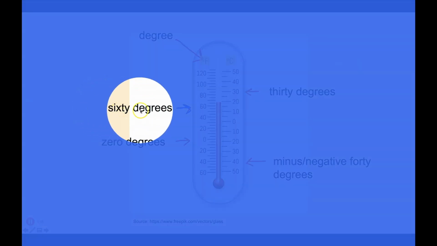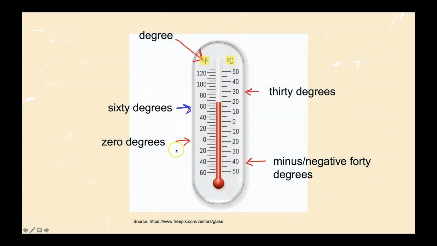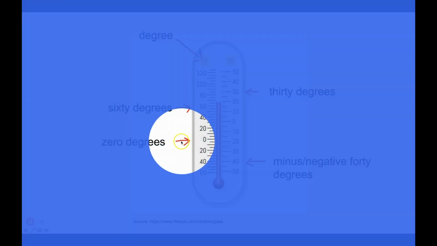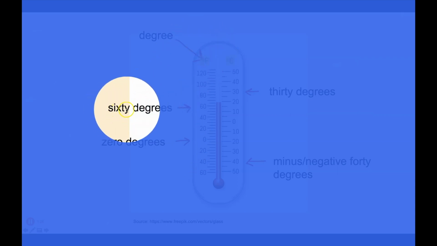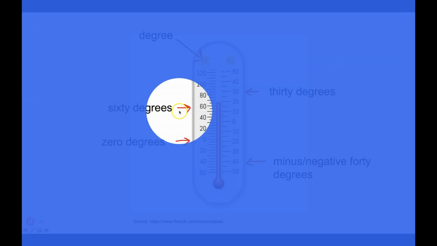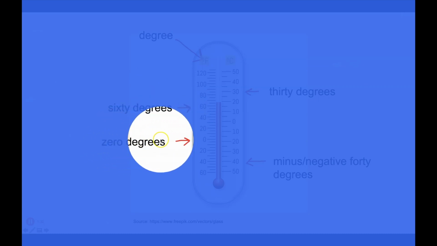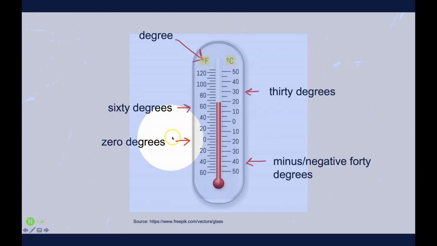Correct, 60 degrees. What about here? Correct, 0 degrees. And since it's on the left here, Fahrenheit. So 60 degrees Fahrenheit and 0 degrees Fahrenheit.